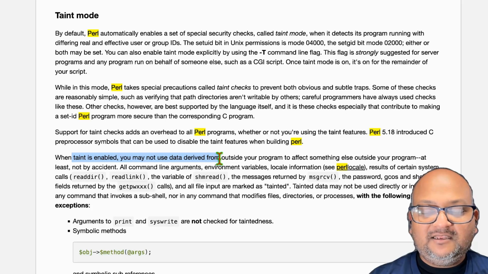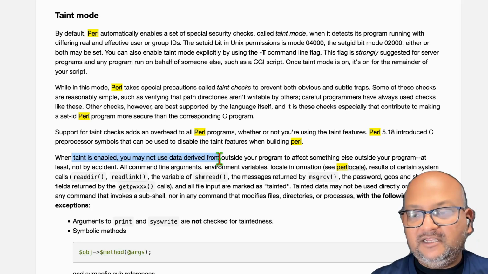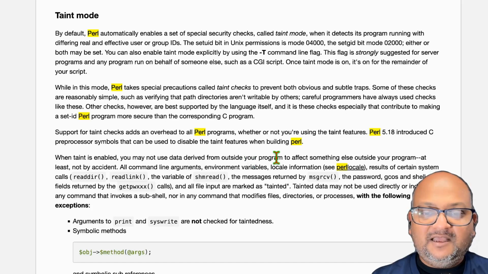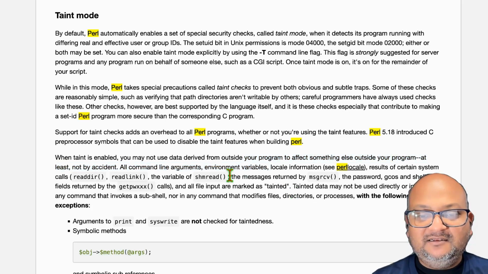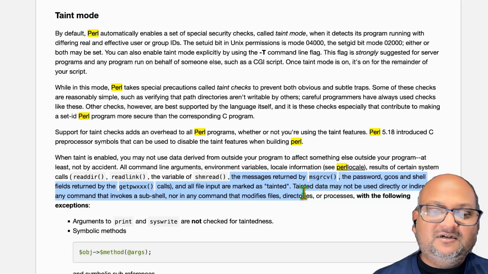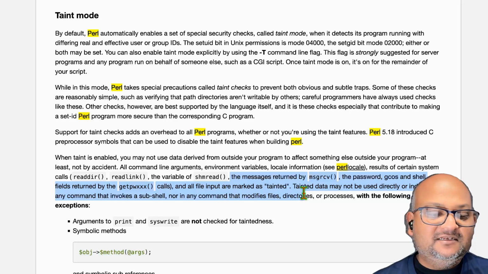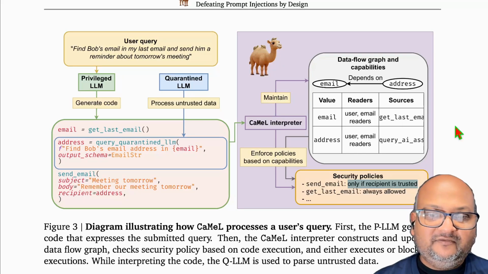So it can track if a string came to the application from user input, like a form on a web page, and it doesn't let those tainted strings affect something like arguments to commands that you're then running on your backend. And you would have to explicitly check and mark tainted data as untainted before you could use it to construct a command or a SQL statement or something that actually carried out an action or executed something on your system. So this is kind of the same idea.